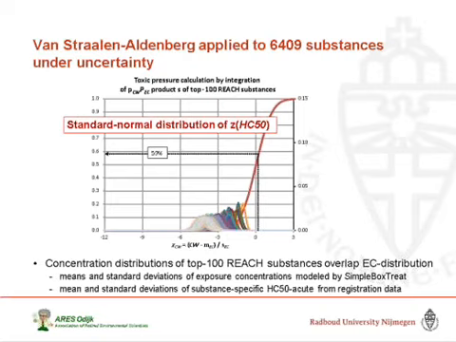And this results, in this particular example, in a probability of 59% that some concentration of some chemical in the aquatic system looked at exceeds an HC50 of a chemical. 59% is a pretty high number, but that's for all the chemicals together.